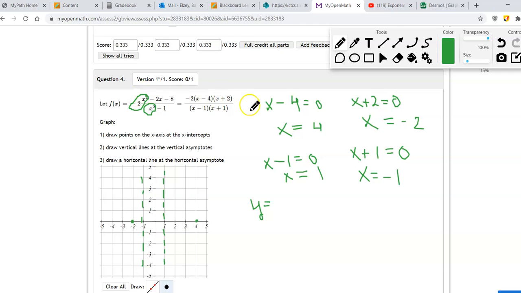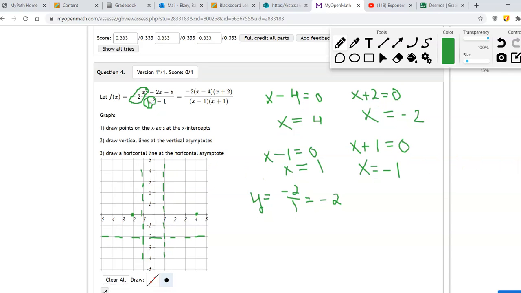So there's a -2 in front of this x squared, and there's really a +1 in front of this x squared. So our horizontal asymptote is y equals -2. So we'll go down here, and at -2 we want the horizontal asymptote at y equals -2. And that's all you need to draw here, because it does not say to actually graph the function.